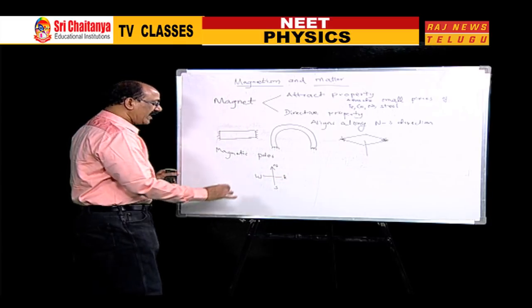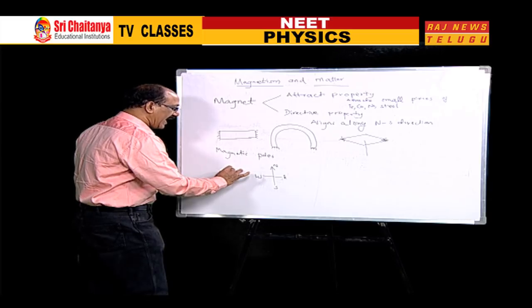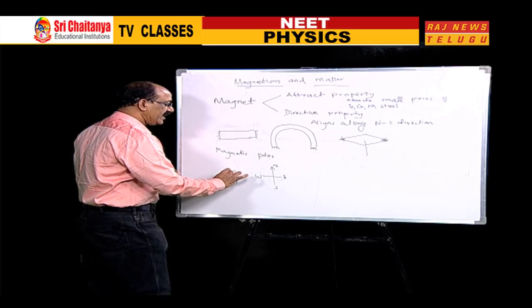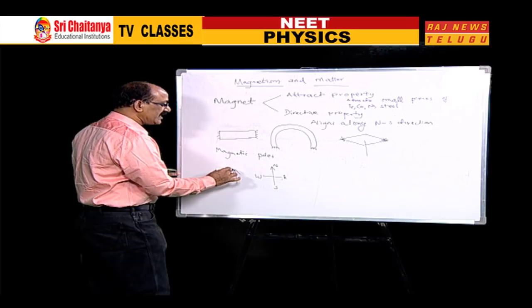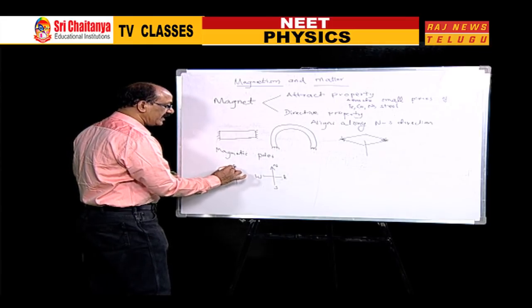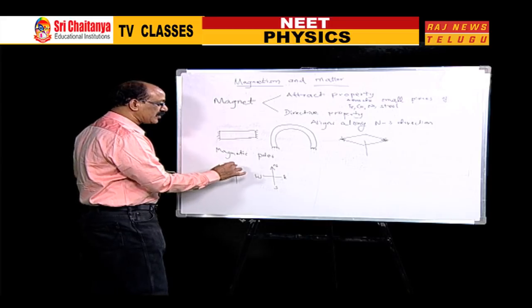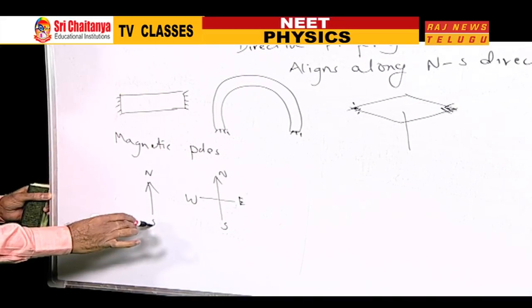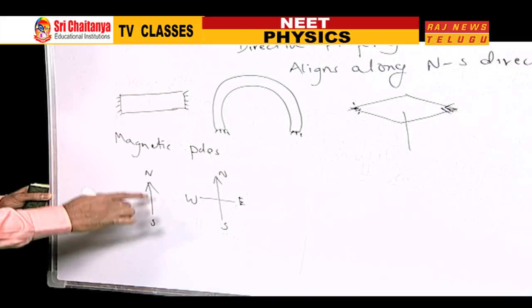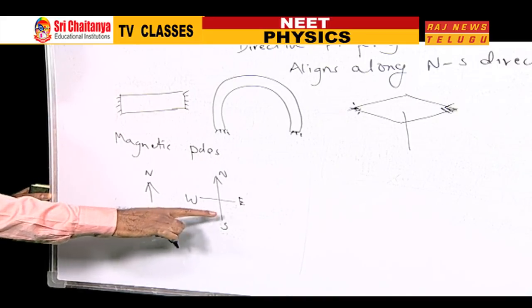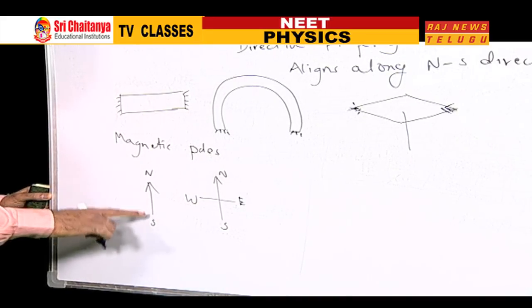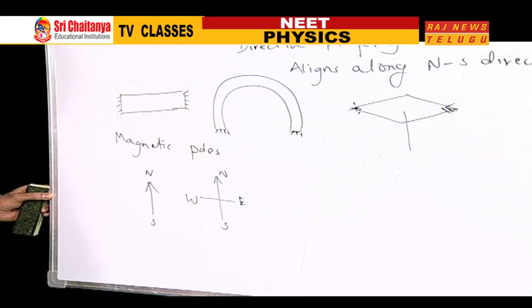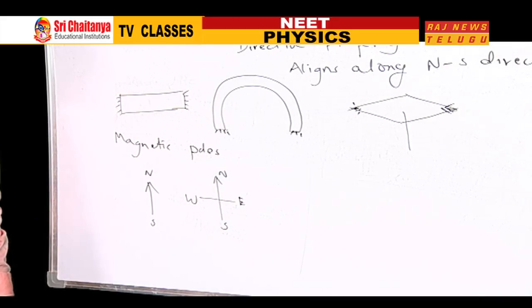And when a magnetic needle or a bar magnet is suspended freely, it will align like this. So this end pointing towards geographical north is by convention called the north pole of the magnet, and this end pointing towards geographical south is called the south pole of the magnet. So from this we can understand that a magnet consists of two poles.